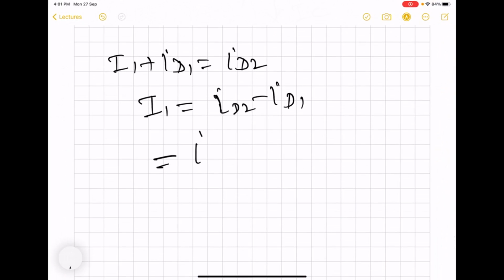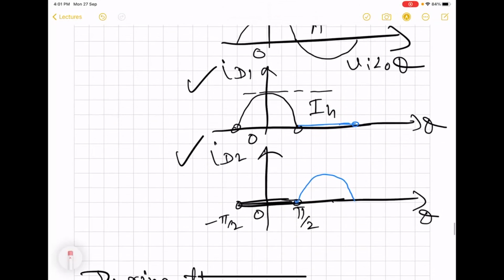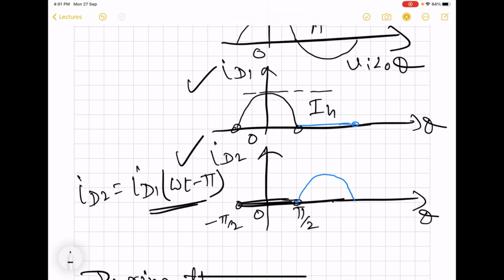Anyway, this ID2 is a 180 degree shifted version of ID1. So ID2 is ID1 of omega t minus pi. So when we substitute this in ID1, we see that only the fundamental is going to get affected.